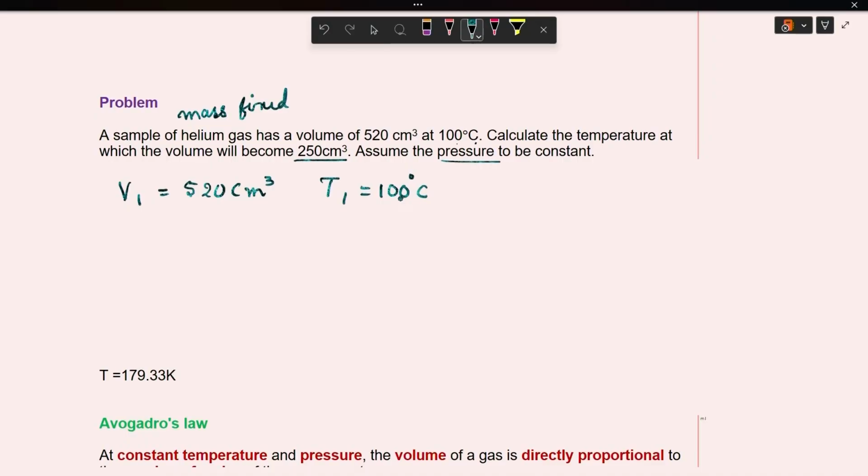So, we have to convert this temperature to Kelvin scale. That will be equal to 273 plus 100, that makes 373 Kelvin. So, this is an important point. Note that temperature should always be converted into Kelvin scale for any calculation.